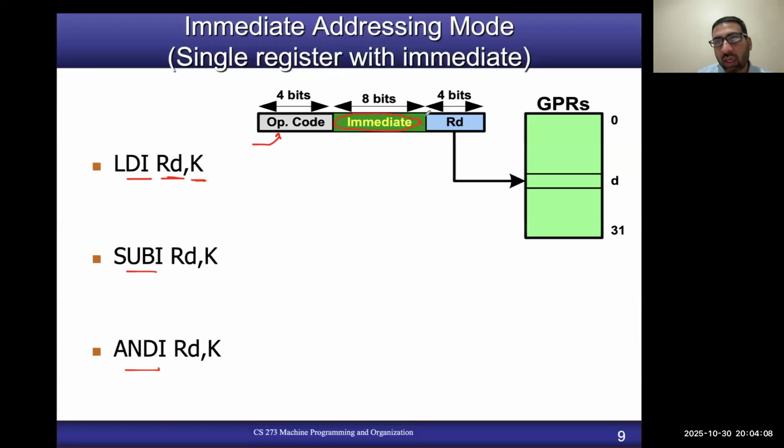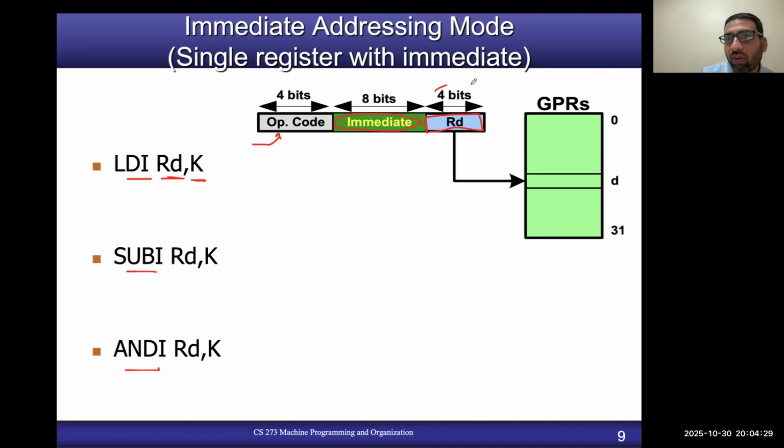However, these 4 bits of the instruction will be used to specify the register that will be used by the instruction, and it can be any of the 16 registers, from R16 to R31, right?